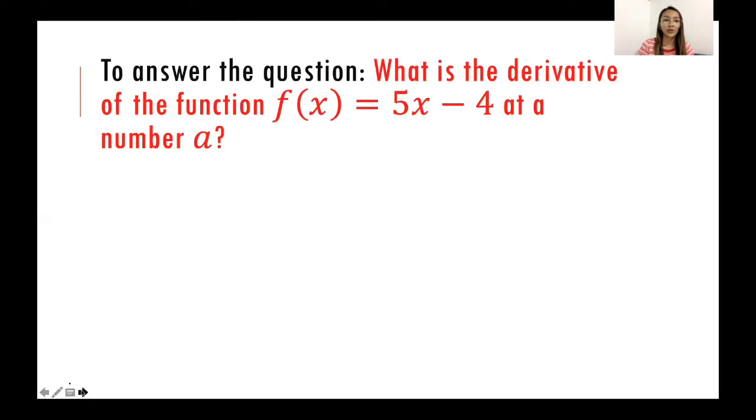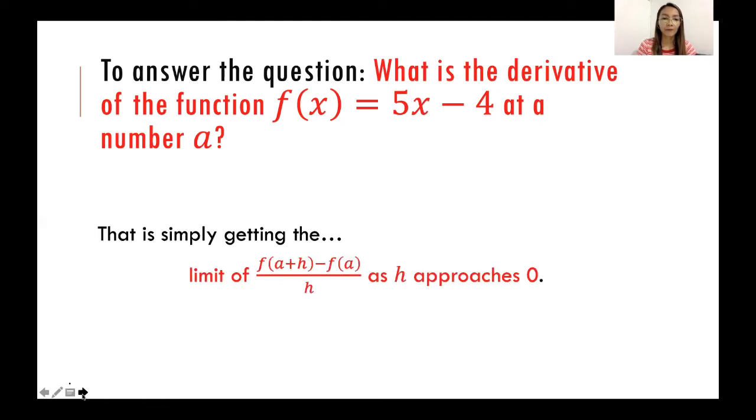To answer the question, that is simply getting the limit of f of a plus h minus f of a over h as h approaches 0. If you can still remember yung definition natin kanina, it's just the same. Same lang po siya dito.